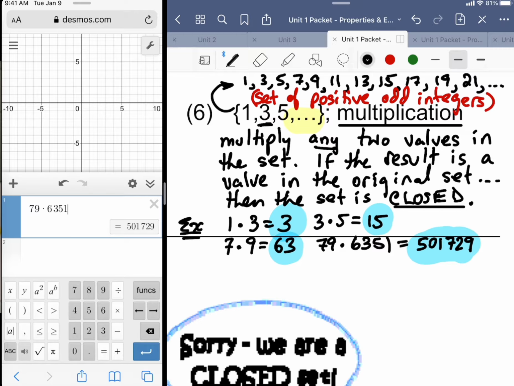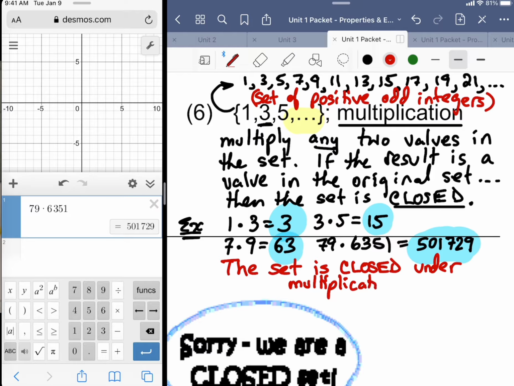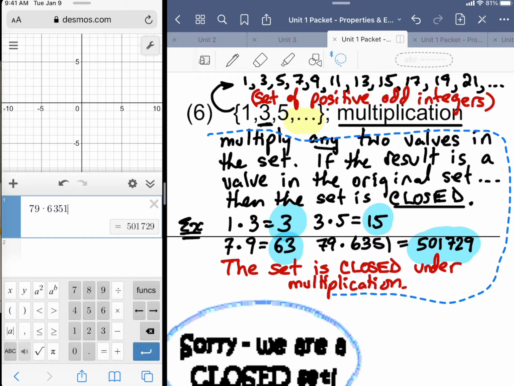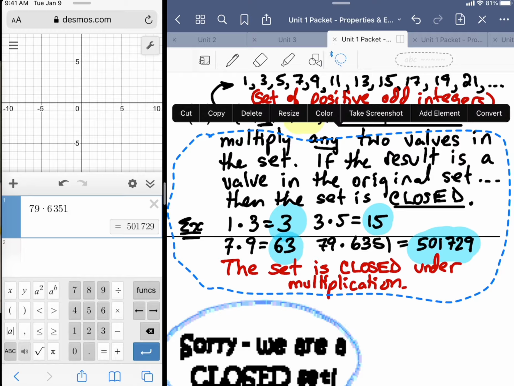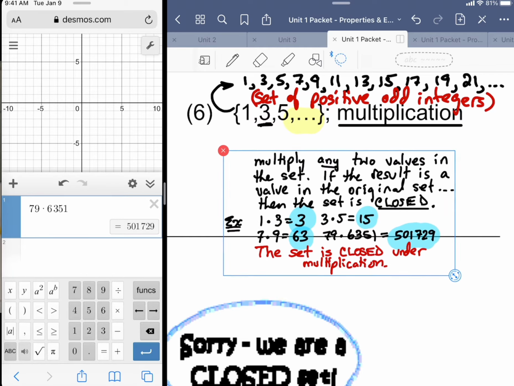All right? So what we would say is the set is closed under multiplication. All right, the set is closed under multiplication. But it might not be closed under addition, subtraction, or some other operation, division.